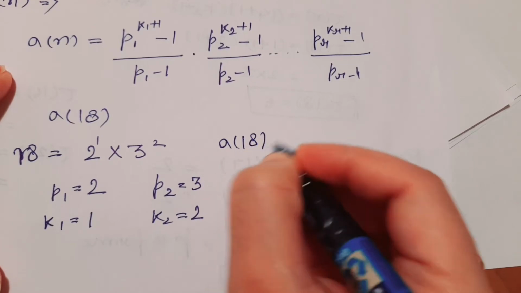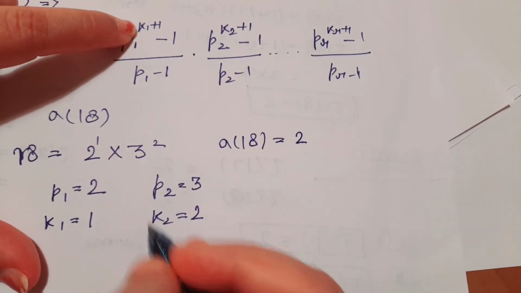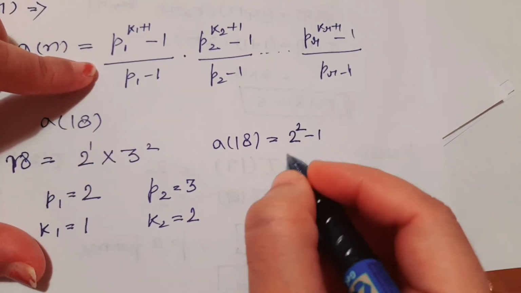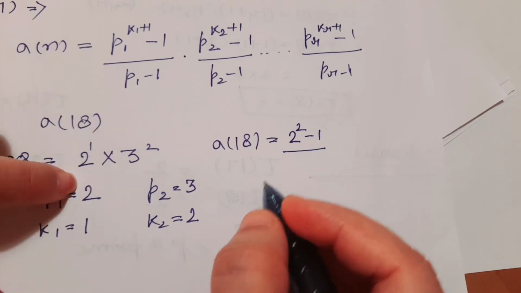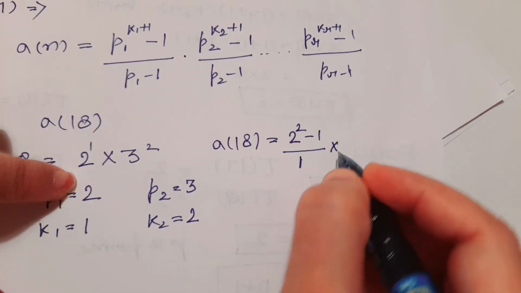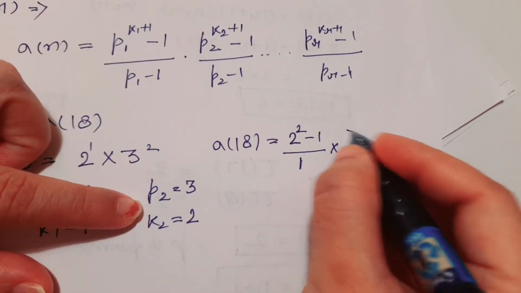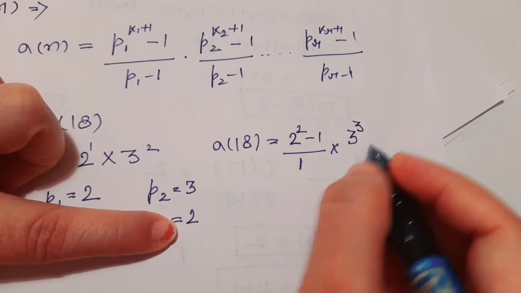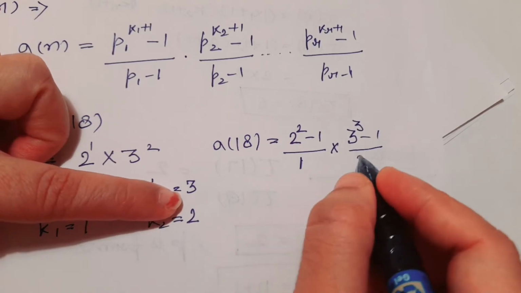Sigma of 18 will be equal to p1 is 2, 2 raised to power k1 plus 1 means 2 raised to power 2 minus 1 upon p1 minus 1. p1 minus 1 means 2 minus 1, that is 1. Multiply p2 raised to power k2 plus 1, 3 raised to power 3, minus 1 upon p2 minus 1, 3 minus 1 is 2.